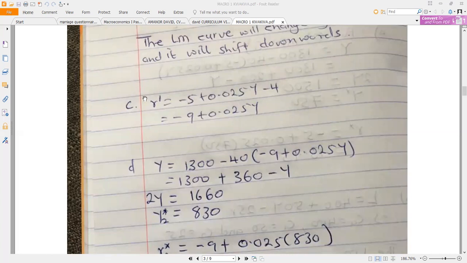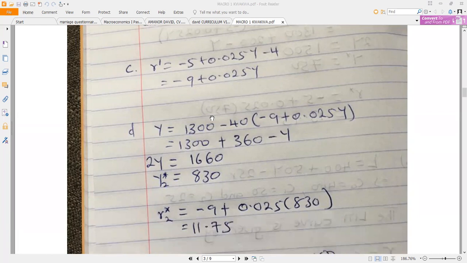So we use the old IS curve and the new LM curve to find the new equilibrium income. Just like we did for question A, put the LM curve into the IS curve.